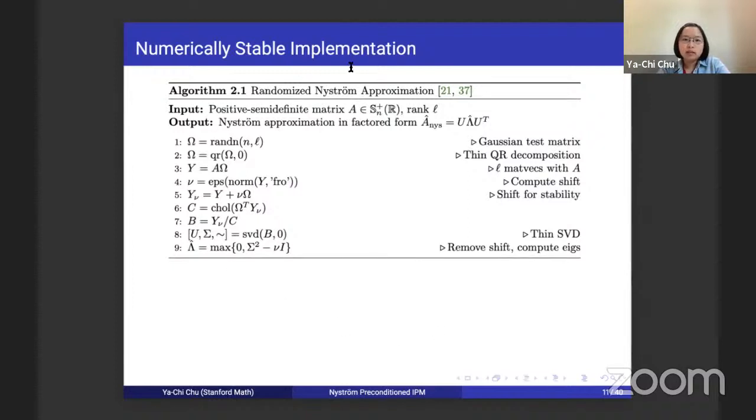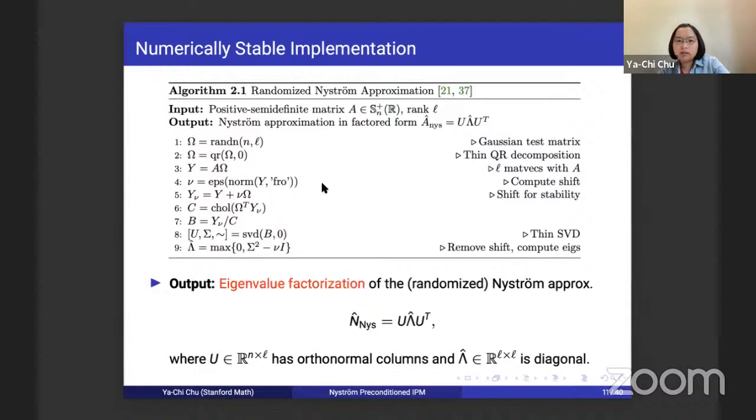And then here's the algorithm showing how we can compute the Nystrom approximation. The only thing I want to emphasize in this slide is the output. If we look carefully at the output line here, we find that this algorithm can automatically return the Nystrom approximation in factored form. So you can think of it as actually giving you the eigenvalue decomposition of the Nystrom approximation.